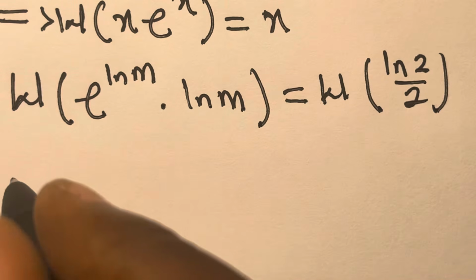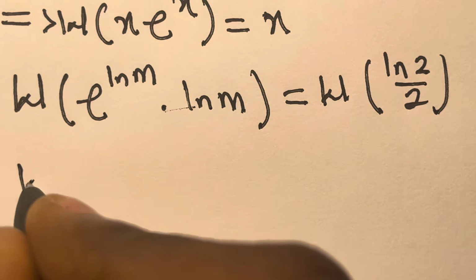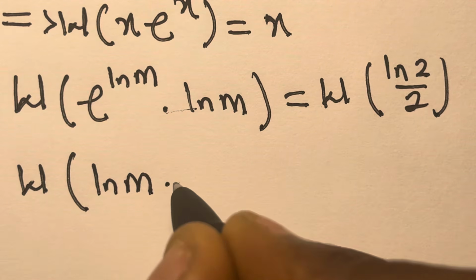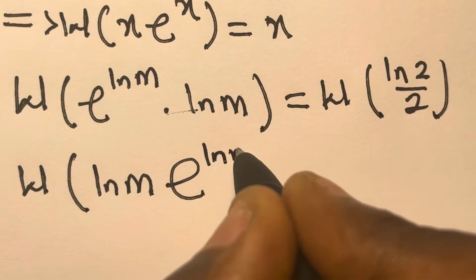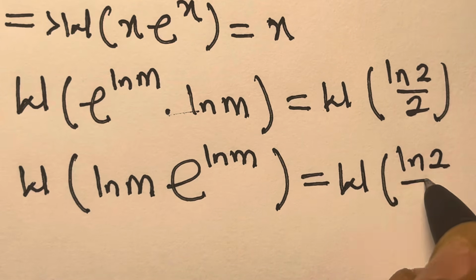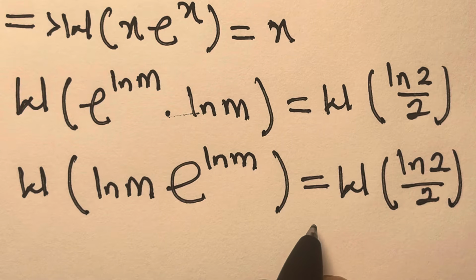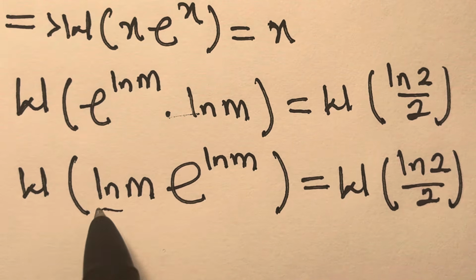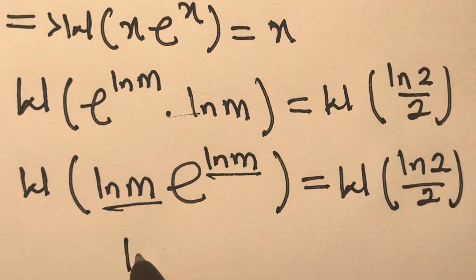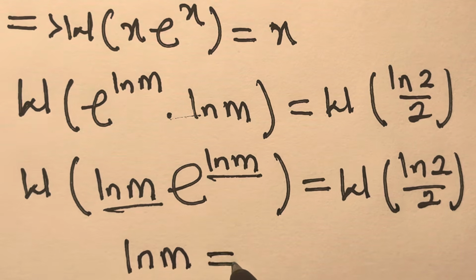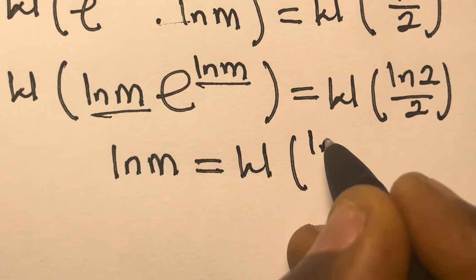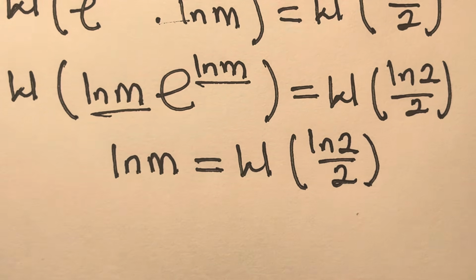So now, this and this can be the same, so we can rewrite this as the Lambert function of ln m multiplied by exponential ln m, equals the Lambert function of ln 2 divided by 2, all right? Since this and this are the same, the Lambert function of this becomes ln m, equals the Lambert function of ln 2 divided by 2, right?